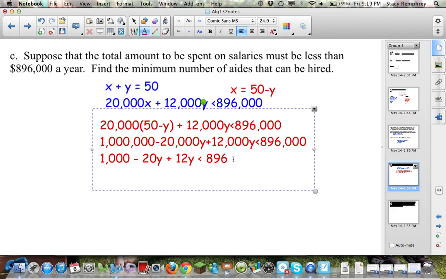When I go to here, that gives me negative 8y is less than negative 4. Let me just check that quickly.